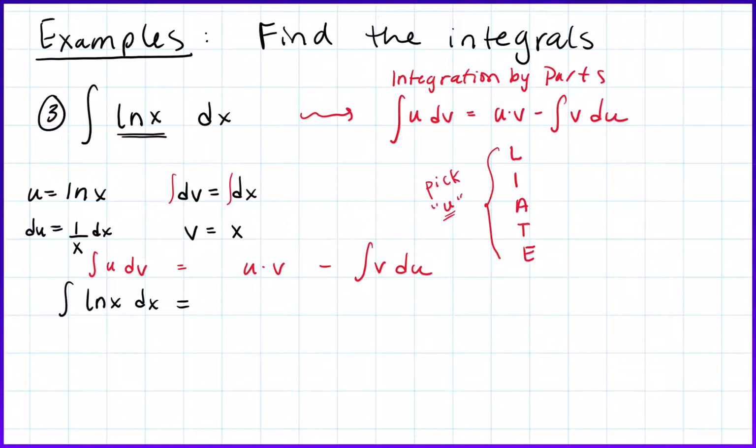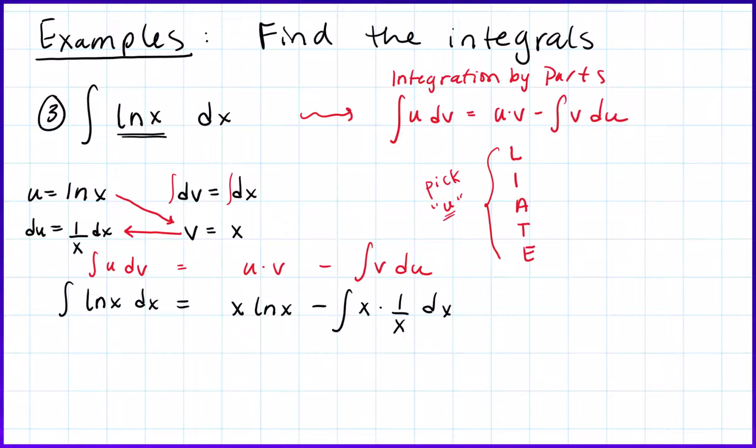So here we get u times v, which is x times the natural log of x, minus the integral of v du, so x times 1 over x dx.